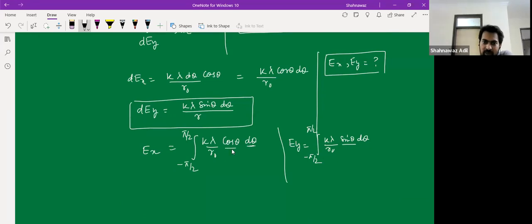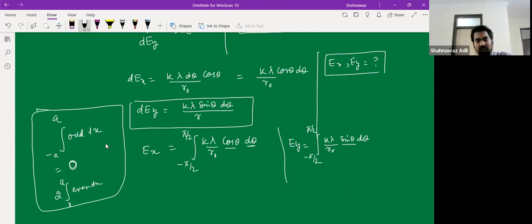What happens when you have limits from minus a to a and the function is odd? It becomes 0. For an even function, this becomes 2 times the integral from 0 to a. Do you want me to write it, or do you know that? Any doubt? If you have any doubt, you can ask. Anybody else?